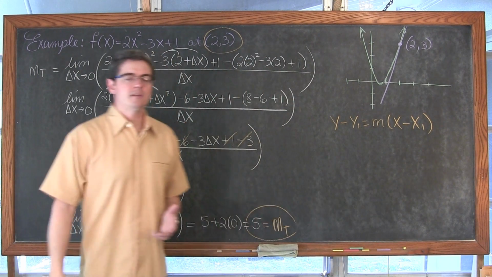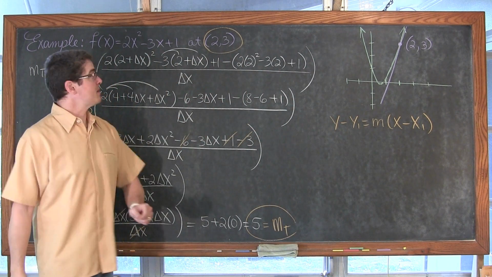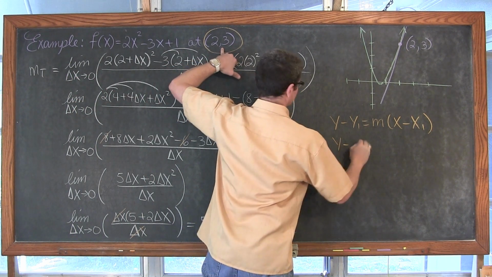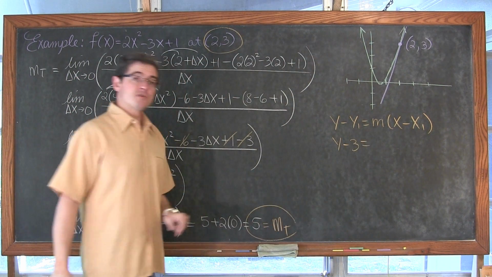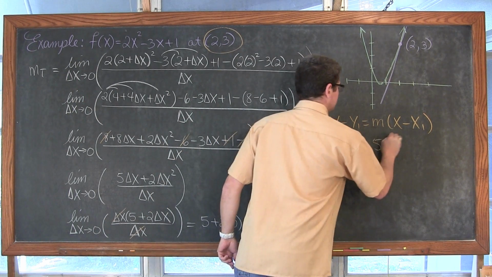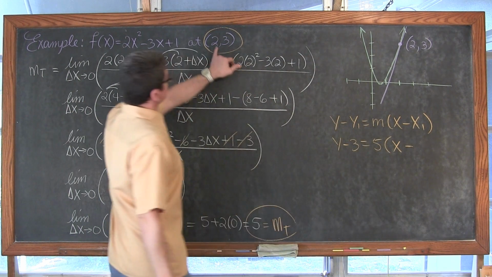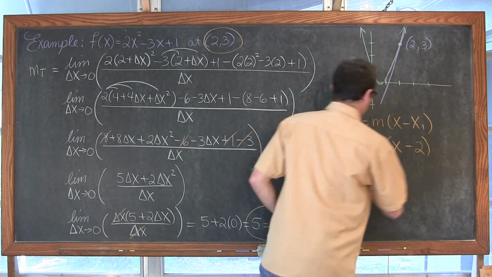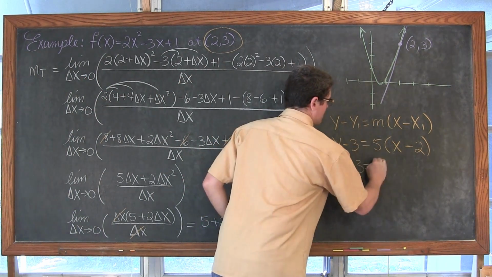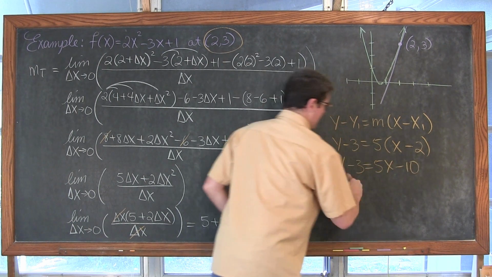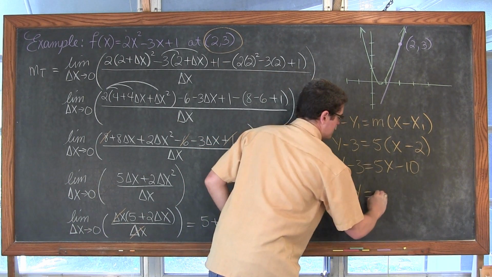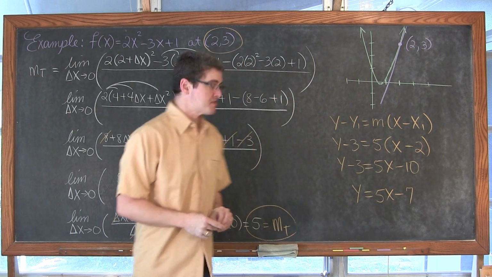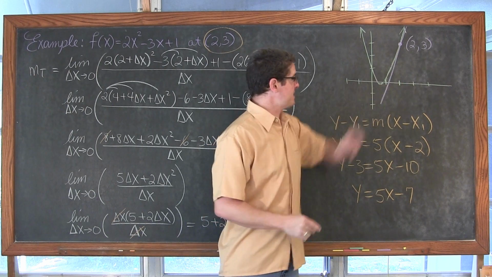There's more than one way to write the equation of a line, but in point slope form it's y minus the y of your point of tangency, equals your slope, which you just found, 5, times x minus the x coordinate of your point of tangency, what we used as c. We get y minus 3 is equal to 5x minus 10. Add 3 to both sides, and we get y is equal to 5x minus 7. And that is the equation of this tangent line.